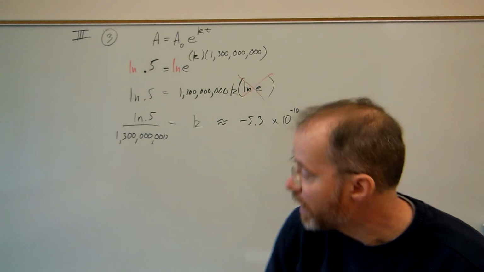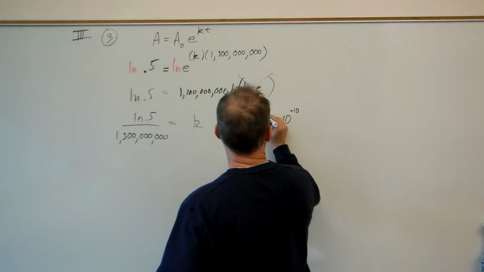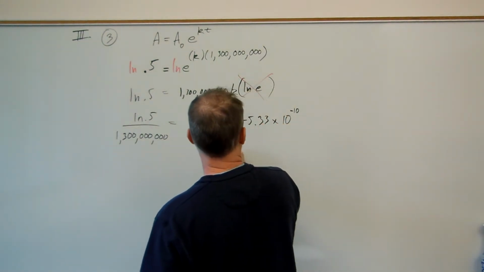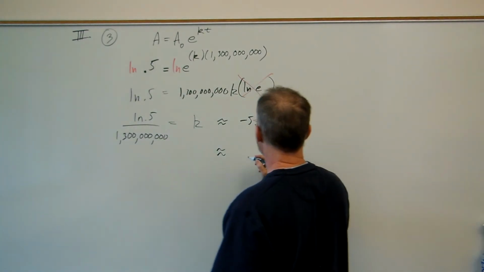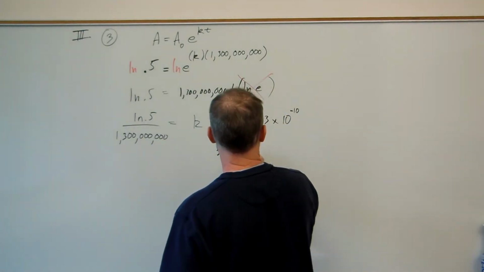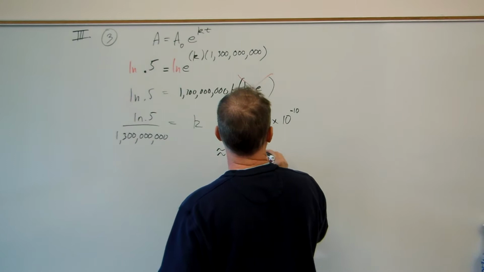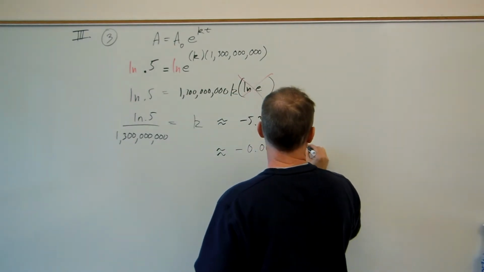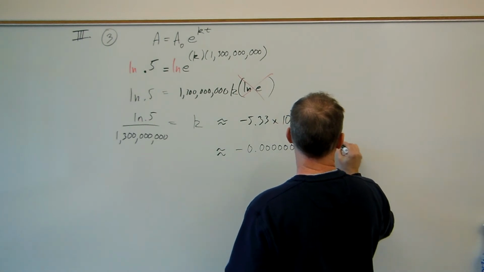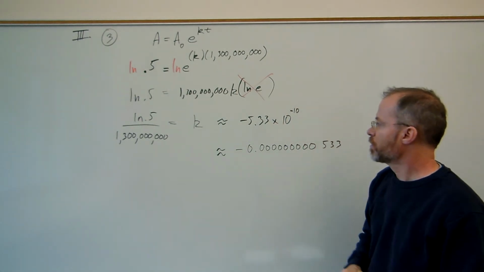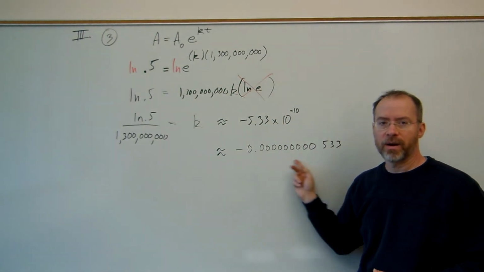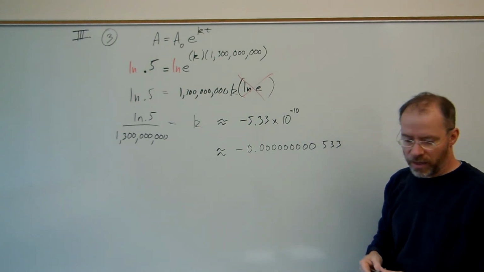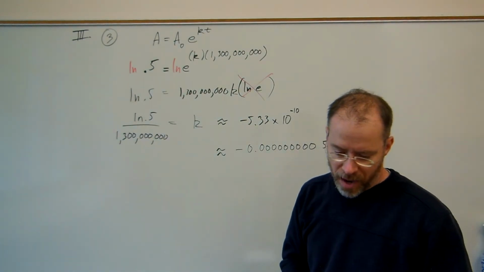Let me give you one more decimal place. So k could be written in scientific notation like this, or move the decimal place 10 times: 1, 2, 3, 4, 5, 6, 7, 8, 9 zeros, 5, 3, 3. So this will be the value of k if you write it without scientific notation. Kind of clunky, but that'll set you up with a model.